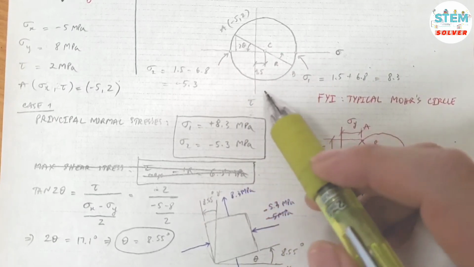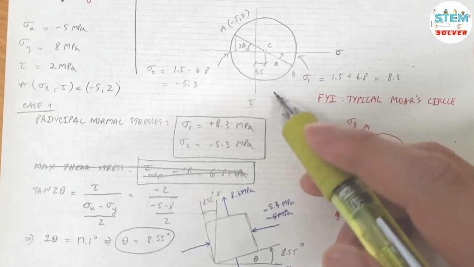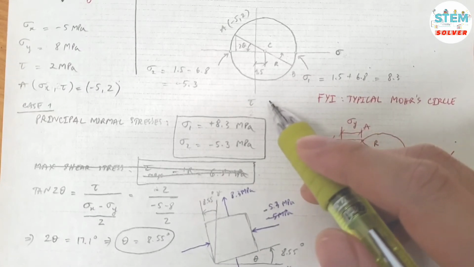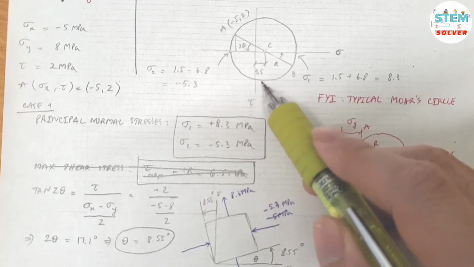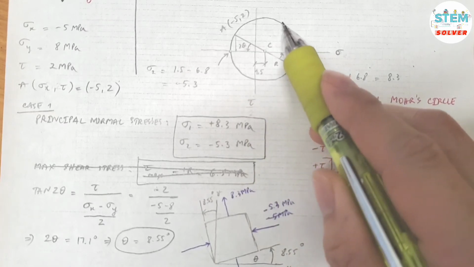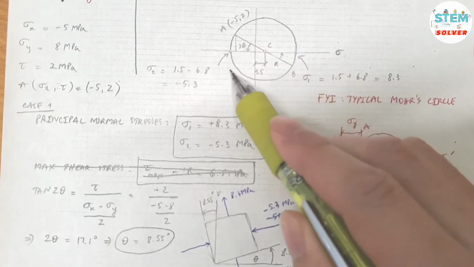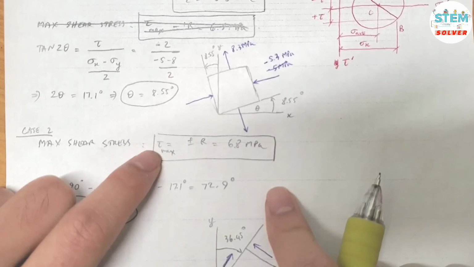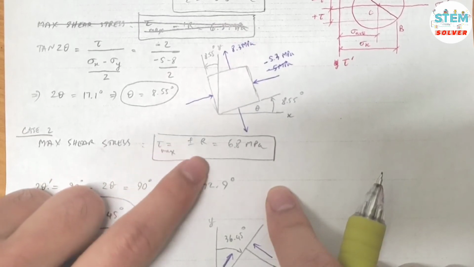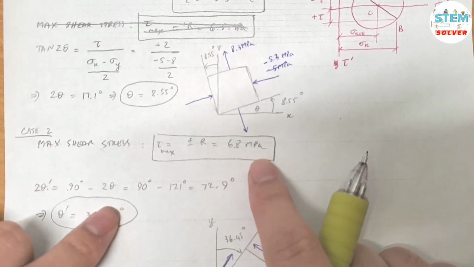So we easily find those unknown information if we're asked. But my point is the maximum shear stress is anywhere on the circle. Okay, so that's why I have a maximum shear stress equal to either positive or negative radius, which is 6.8 megapascal.